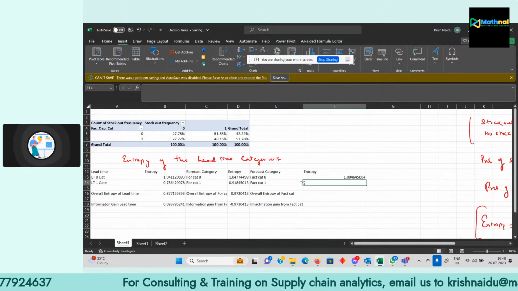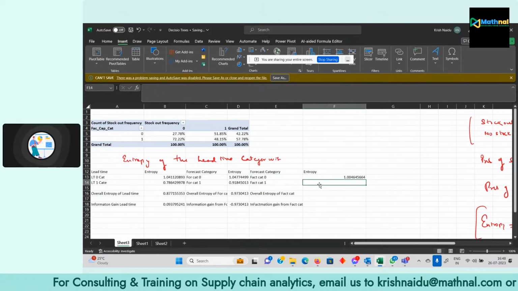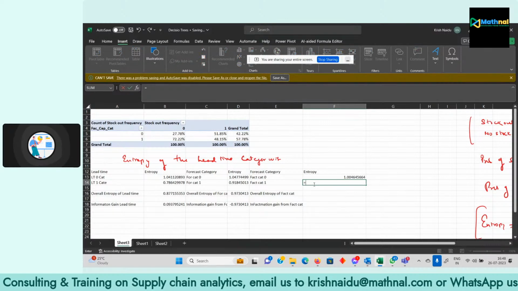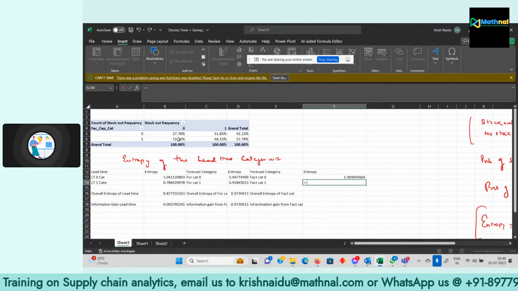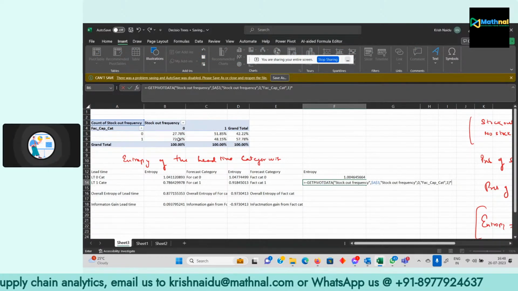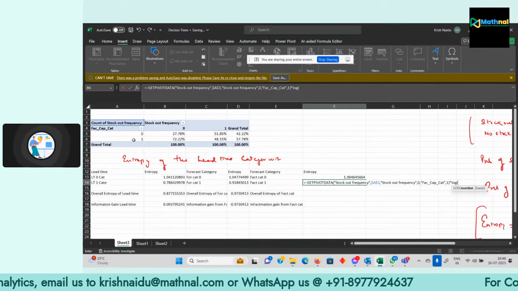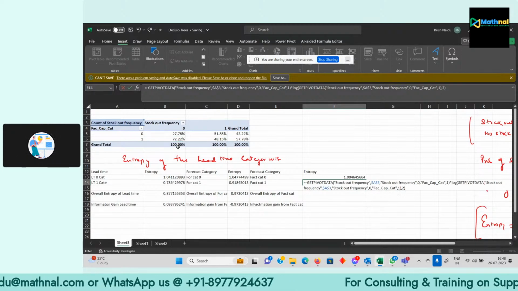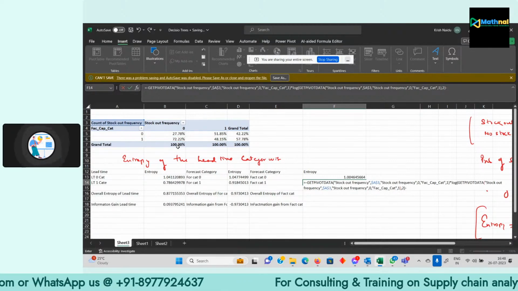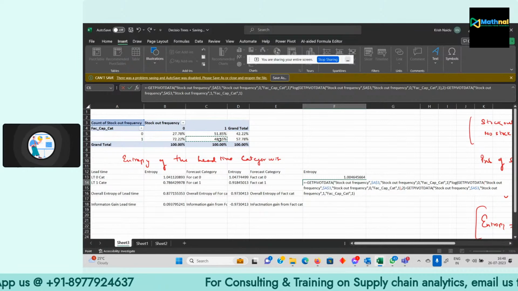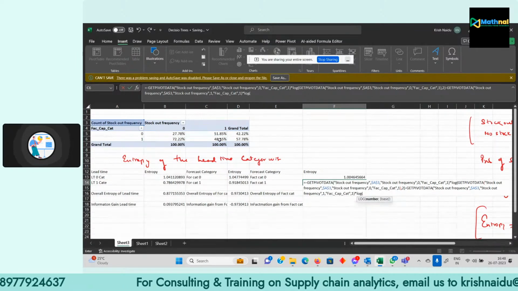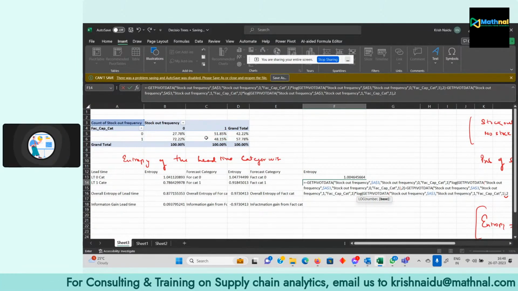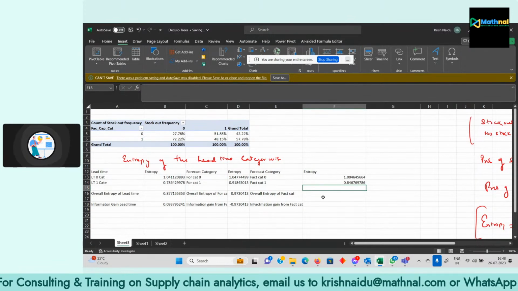So this is our entropy for the factory category 0. Now we are going to measure the entropy for the factory category 1. So I already put the negative in the beginning itself. So now this is our comma 2 minus, so this 48.15% into log of this number, comma 2. So this is what we got, 8.5%.